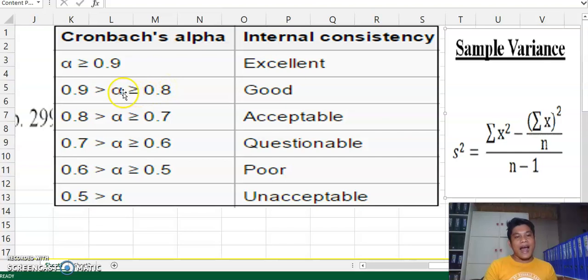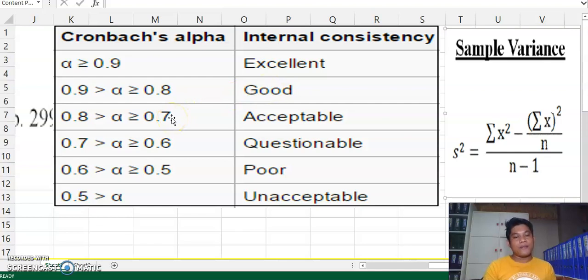But if the alpha level after the computation is greater than or equal to 0.8 but less than 0.9, for example from 0.801 to 0.8999, your level is only good. It's a good level. However, you can proceed to data gathering. You can distribute the questionnaire using that tool because its reliability is good.